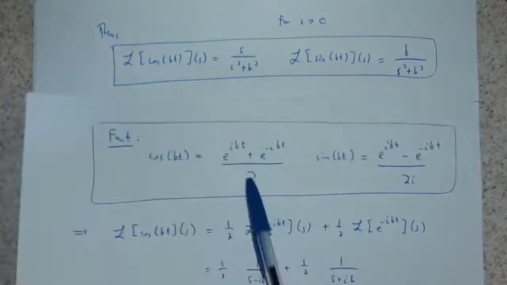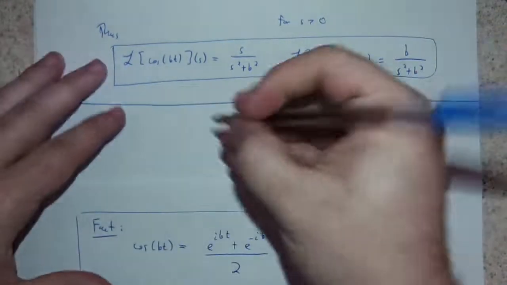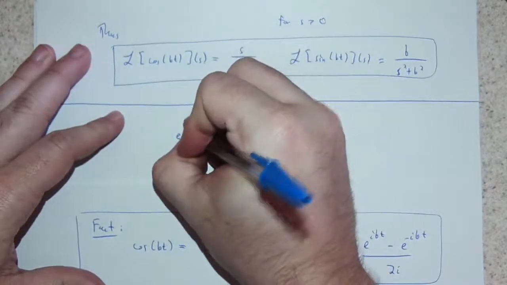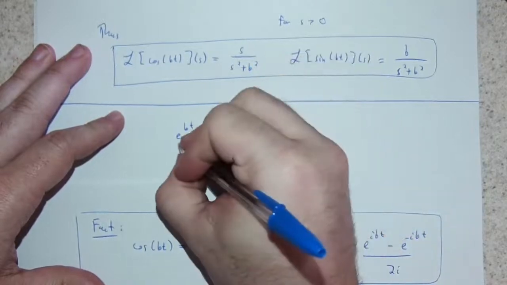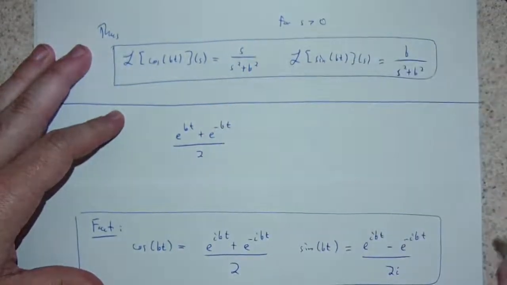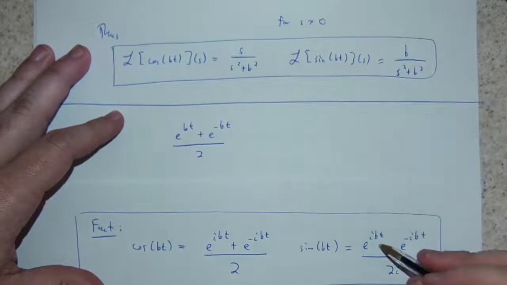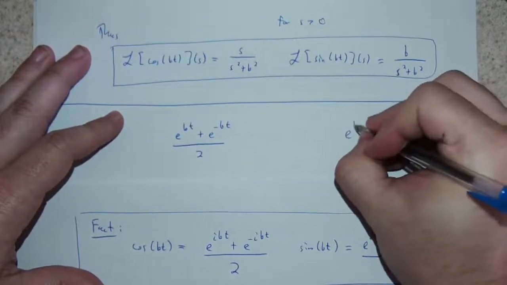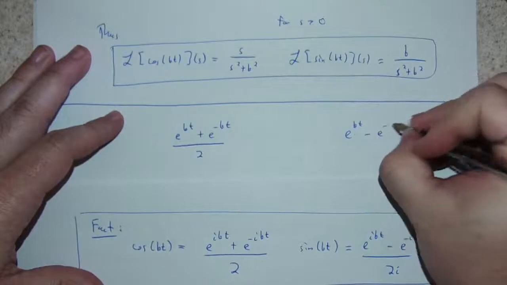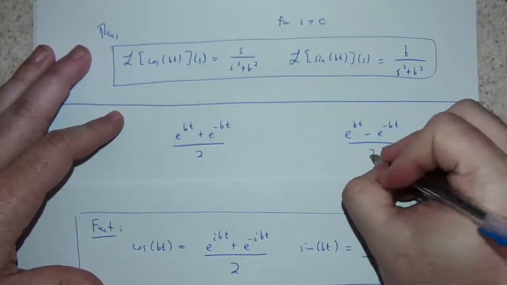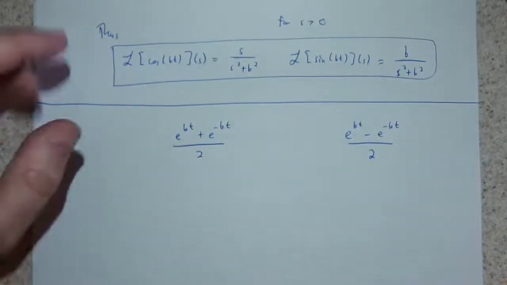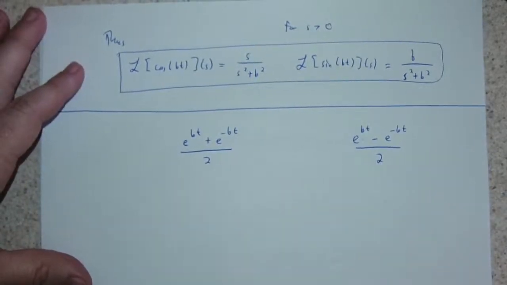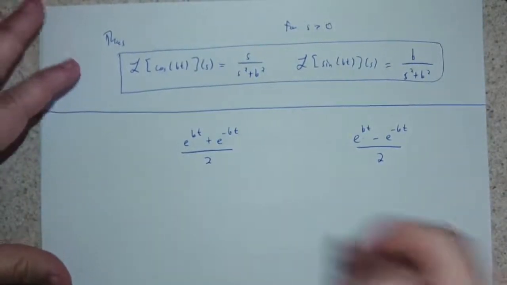What do I mean, get rid of the i? I mean, what if I write the function (e^(bt) + e^(-bt))/2, and I write the function (e^(bt) - e^(-bt))/2. Again, I'm getting rid of the i. What are these? You might not have seen these before. These are called the hyperbolic trig functions.